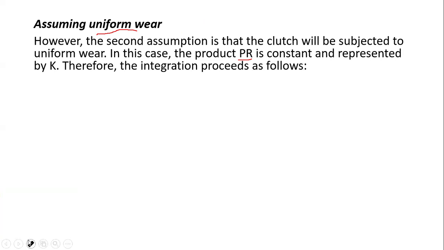Uniform pressure is for a new one. But this one, a worn out clutch, is an old one. When you see this condition, they're basically talking about the condition of uniform wear, where we consider PR to be equal to constant K.